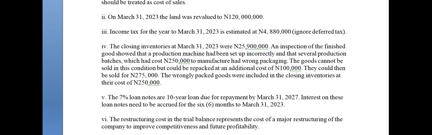We were told that because of the damages, we cannot in any way sell those items in that condition of 250,000, the manufactured cost. But we're now told that they could be repacked at an additional cost of 100,000, and then they could be sold for 275,000 naira.